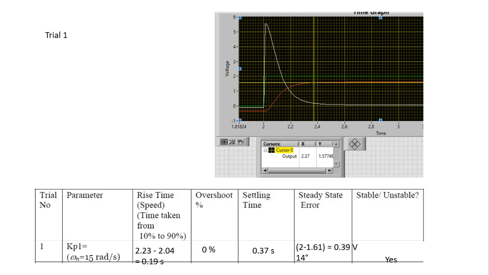So how long did it take to get from 10% to 90%? Let's calculate the 90%. The total range is 1.6 plus 0.2.